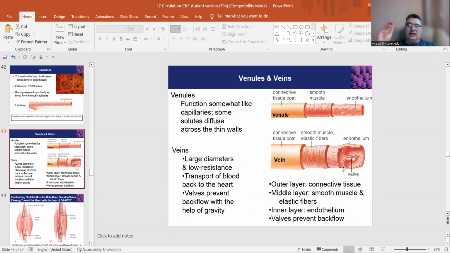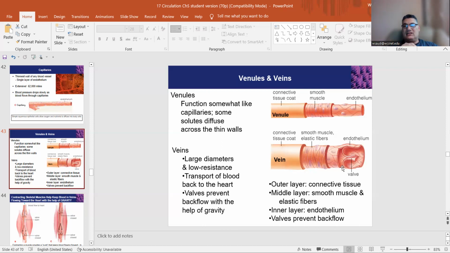Basics. I'm not asking you to know the details. What is an artery and what is a vein? Artery and its branches, it's all about the direction of the blood. What's an artery by definition? A blood vessel carrying the blood away from the heart.